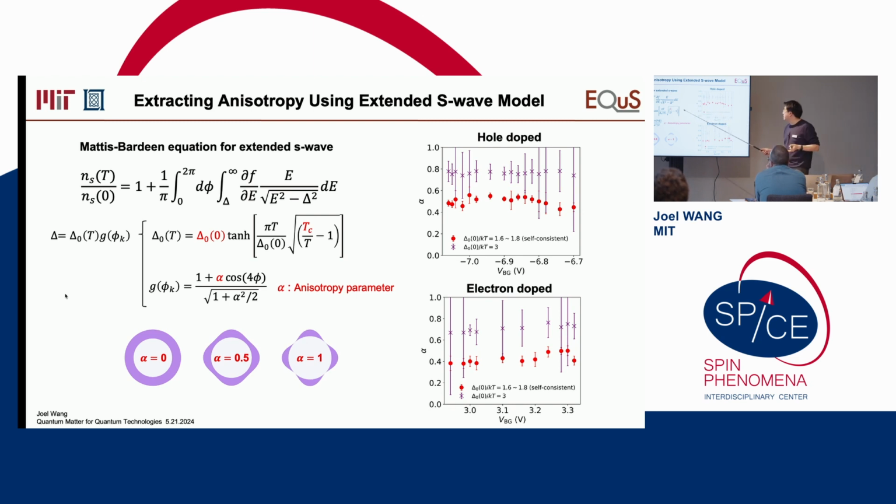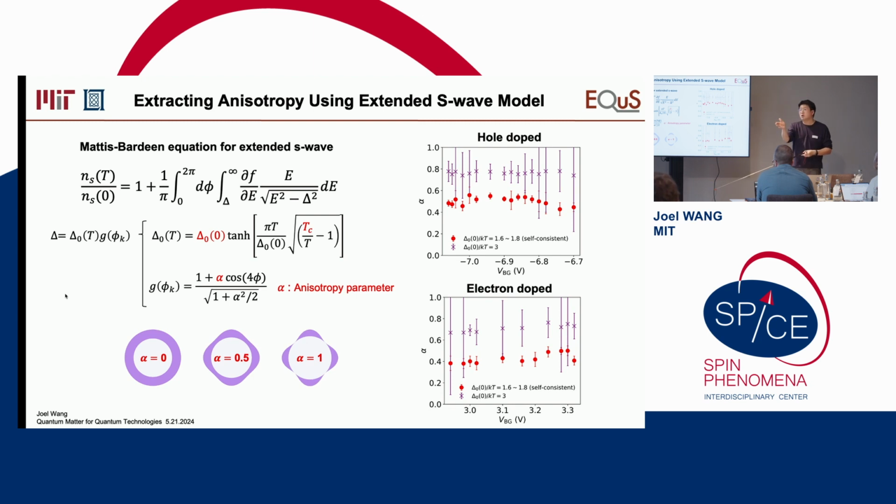The temperature fitting suggests that we have a nodeless, highly asymmetric gap. Yes? So you measure the superfluid stiffness Ds, right? That's right. To extract ns, you need to assign a value of the effective mass. So that's why we talk about Ds, not ns, because it's all wrapped together.